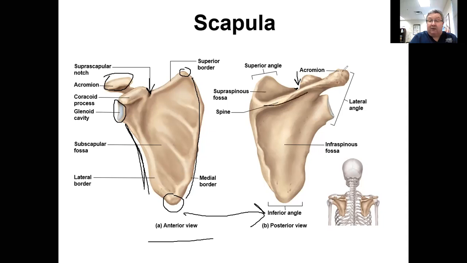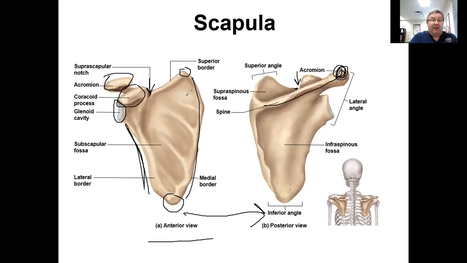Well, the acromion is this area right here. So the acromion is an extension of the spine of the scapula. And the last bone on the scapula for the anterior side is this coracoid process. Kind of looks like a finger sticking out.